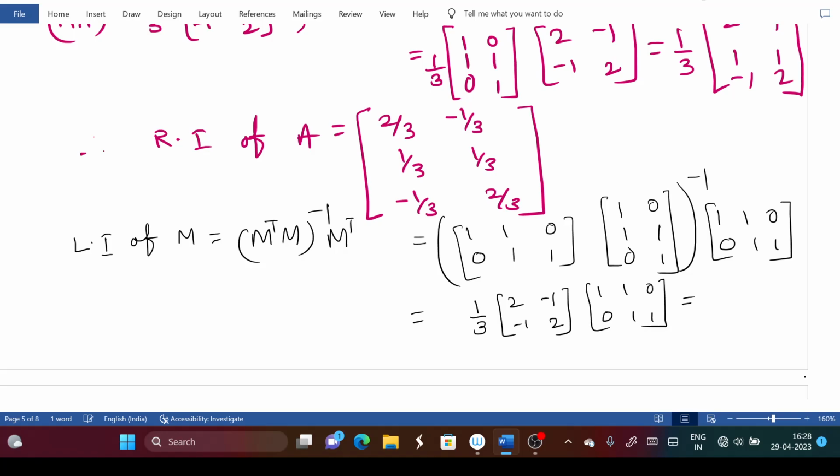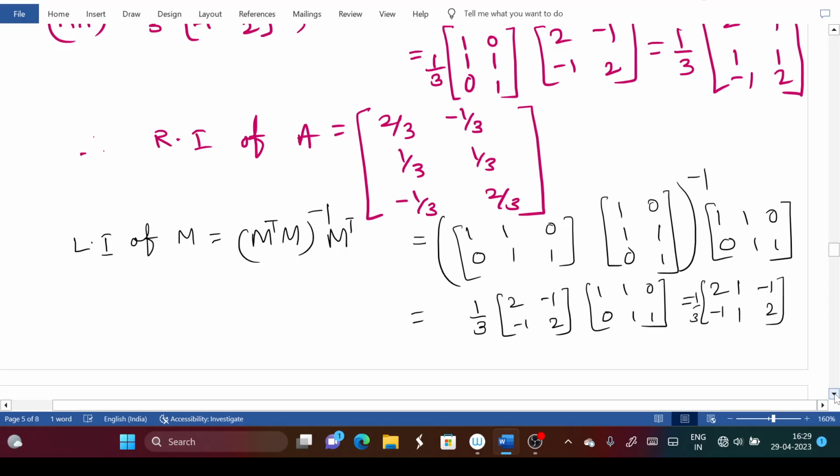Its value is 2 into 1, it is 2, 2 into 2 minus 1, it is 1, 0 minus 1, it is minus 1, minus 1, 2 plus 1, it is 0, 2, whole by 3. So what did we get?